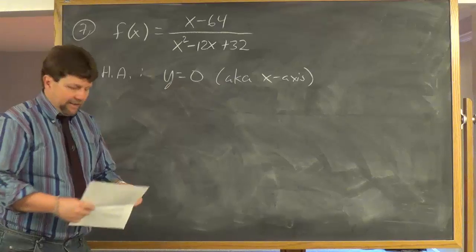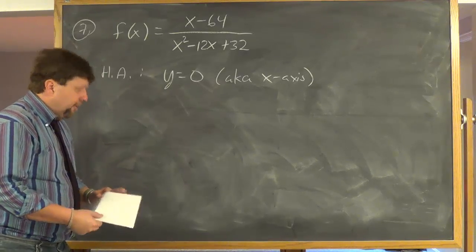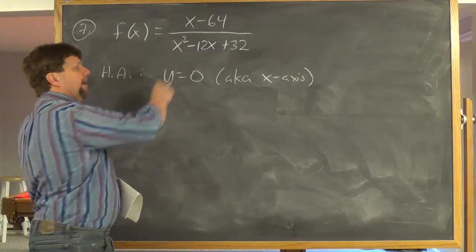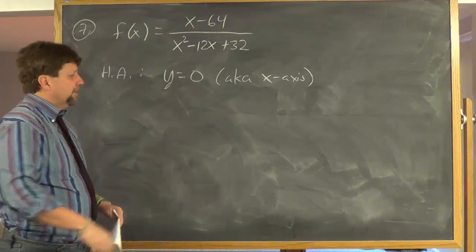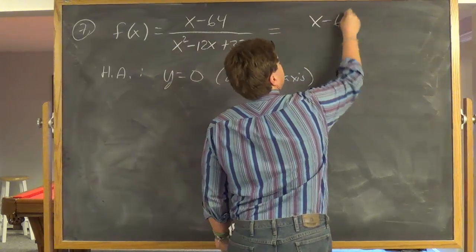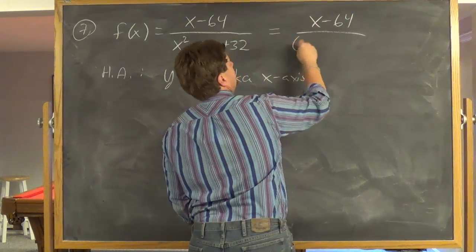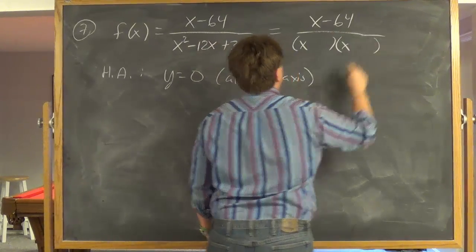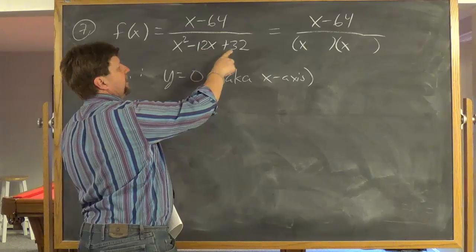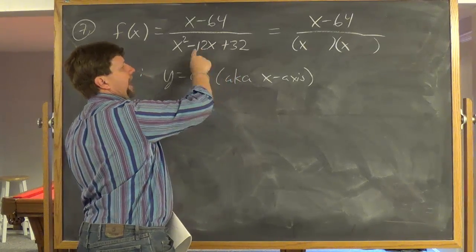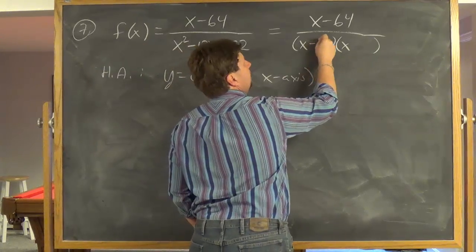Now to get the vertical asymptotes, what you really would like to do is to get your denominator as factored as possible. And I think, if we do this up here, let's see if I factor it, factors of 32 that add up to negative 12.